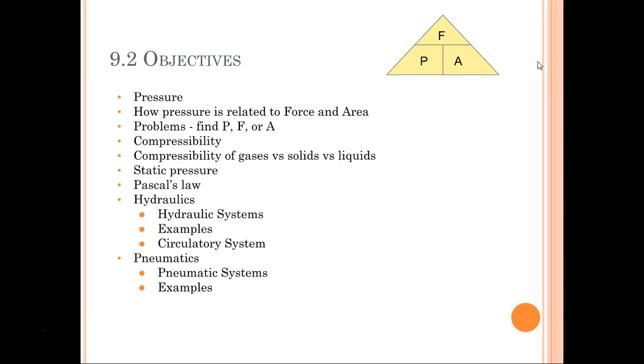We looked at static pressure and Pascal's law and how that is the main principle that governs hydraulics, right? So in hydraulic systems, it's the transferring of a force through a liquid that's in a confined space. We looked at some examples, and now the latest was talking about pneumatics.